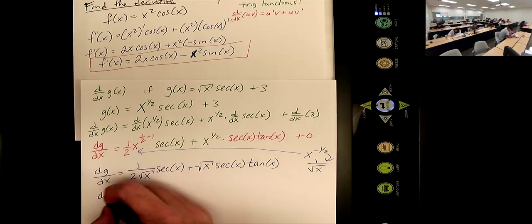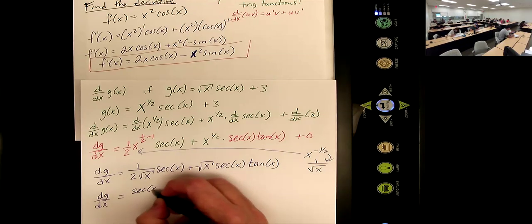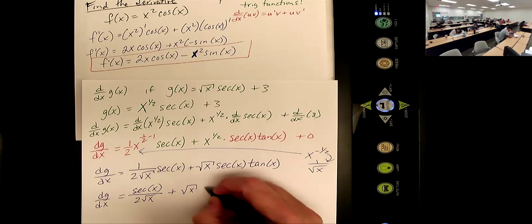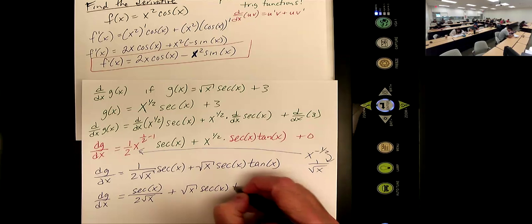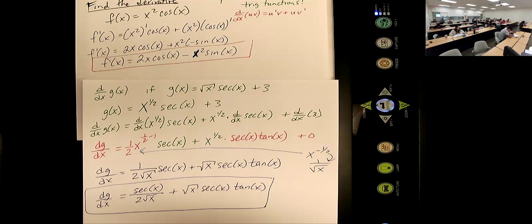And if you don't like that form, you could put the secant x over the 2.